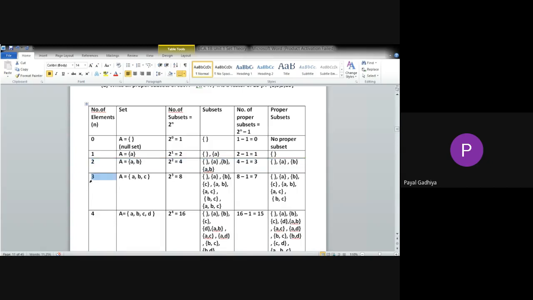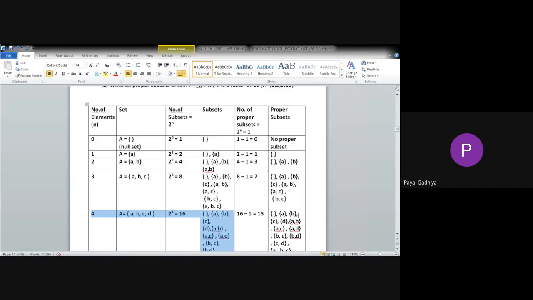Now the same for 3 elements, {a, b, c}. 2 raised to 3 will be 8, so these 8 subsets will be there. We have to delete one subset, so 8 minus 1 will be 7, and these 7 subsets will be the proper subsets. They have just removed the whole set {a, b, c}. Now for the next, 4 elements {a, b, c, d}, 2 raised to 4 will be 16.